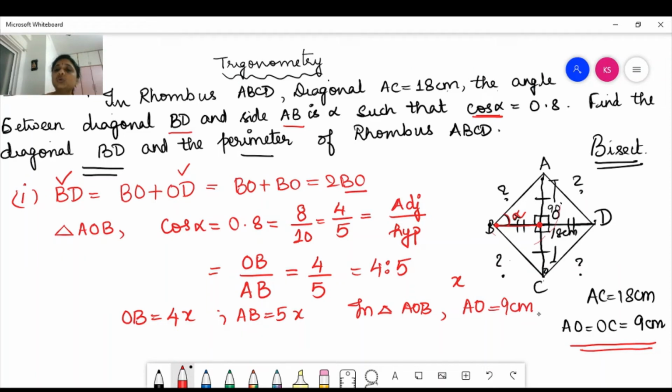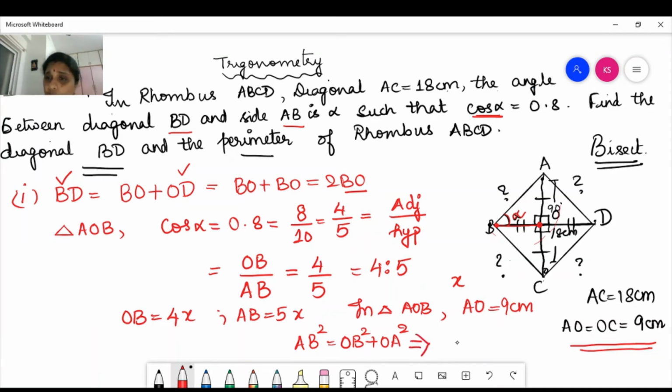And we also know that according to Pythagoras theorem, AB square is equal to OB square plus OA square. Why am I doing this? I need to find the value of X, only then I can find the measure of this OB. I'm having only the number of parts it's been divided into and not the complete measure, right? So I'm trying to find that out.